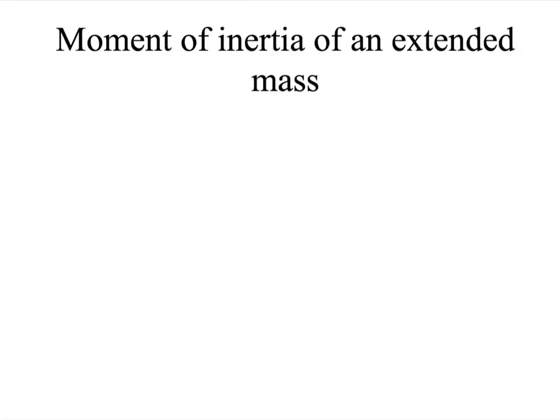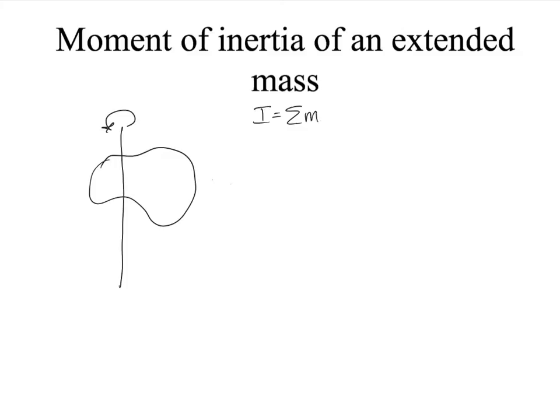So we can start off with a picture. Again, here's our axis. And let's just think of some irregular mass because we want to think of it in a very general sense. We have the definition of the moment of inertia as the sum of the m sub i, r sub i squared, the sum of the mr squares.